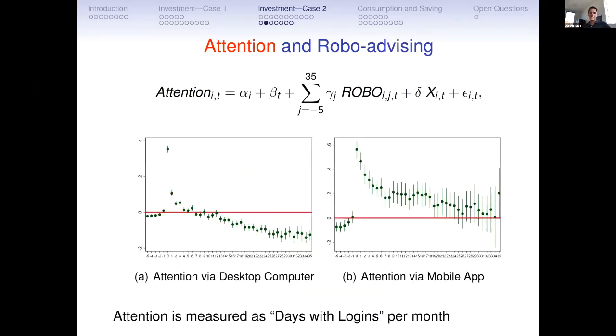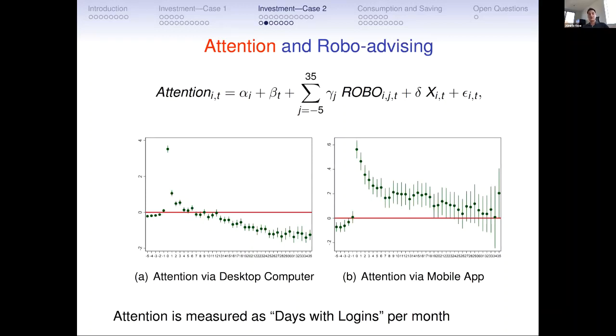I think what is interesting is that if you divide it into the attention via desktop computer and the attention via mobile phone, what you'll find is that while the attention via desktop computer goes down, the one through the mobile app actually stays higher, which basically tells you that there is still some monitoring that is done informally by the individual through the app, but the individuals don't have to spend time thinking about what to do with their next portfolio allocations.